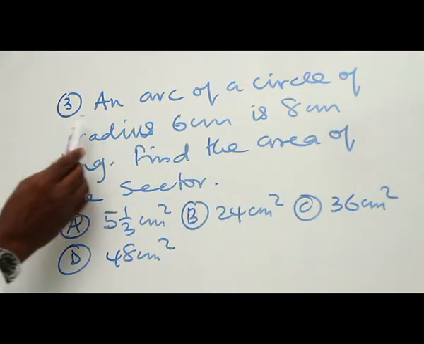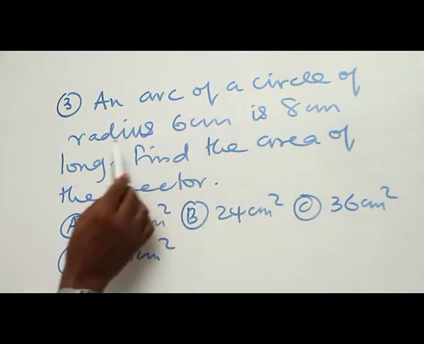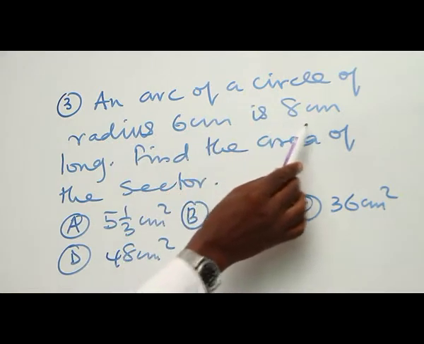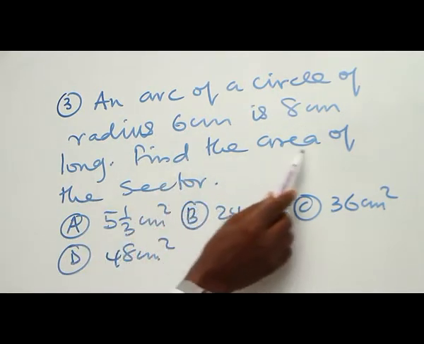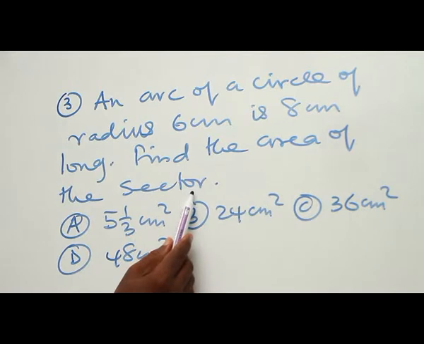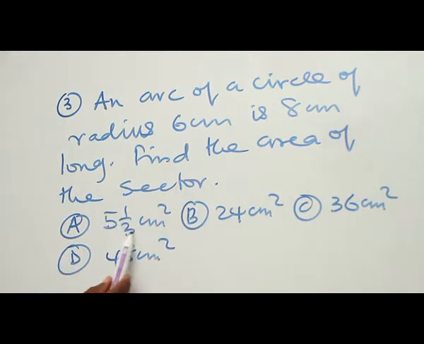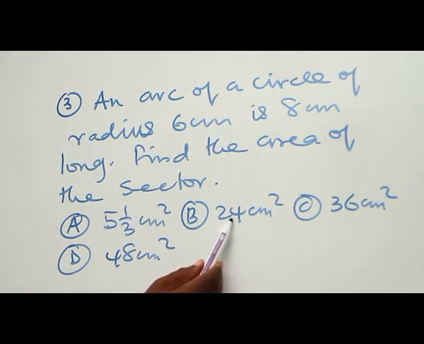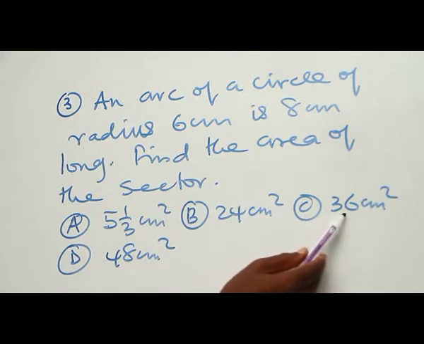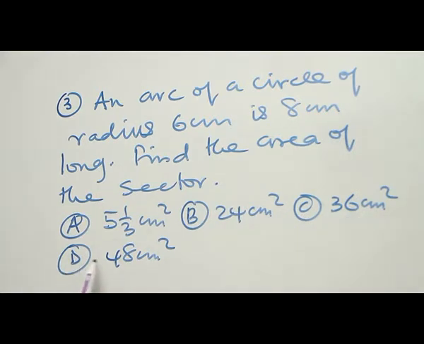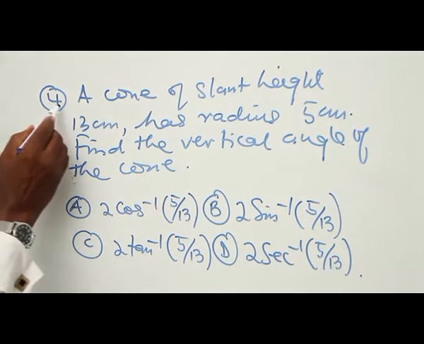Number 3, an arc of a circle of radius 6 centimeters is 8 centimeters long. Find the area of the sector. A, 5√10 centimeters squared. B, 24 centimeters squared. C, 36 centimeters squared. D, 48 centimeters squared. Question number 4.